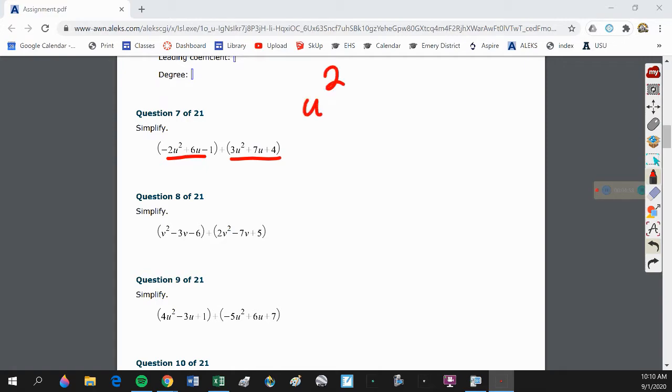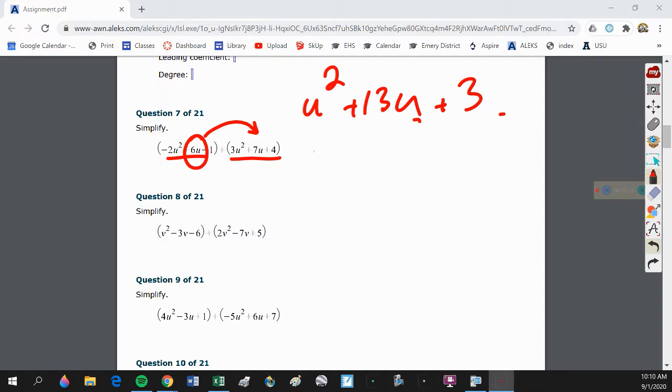And we have combined those like terms. 6u plus 7u is 13u, and negative 1 plus 4 is plus 3. What if a term over here does not have a match on the other side? Then it just stays the same when you write it down.